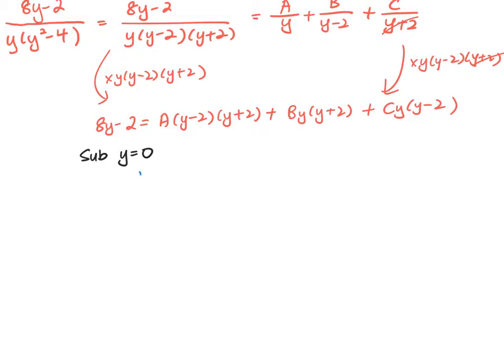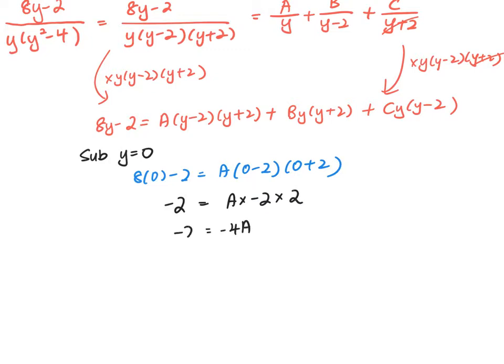So I'm just left with 8(0) - 2 = A(0 - 2)(0 + 2). On my left-hand side, 8 times 0 minus 2 is -2, and on the right, A multiplied by -2 multiplied by 2, so -4A = -2, and A = 1/2.